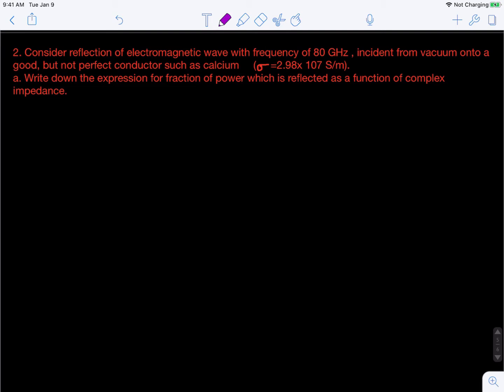So we begin by first drawing the two mediums. Let us say this is eta1, this is eta2, this is vacuum, this is calcium. We know that eta1 is the impedance of vacuum, which is 377 ohms.